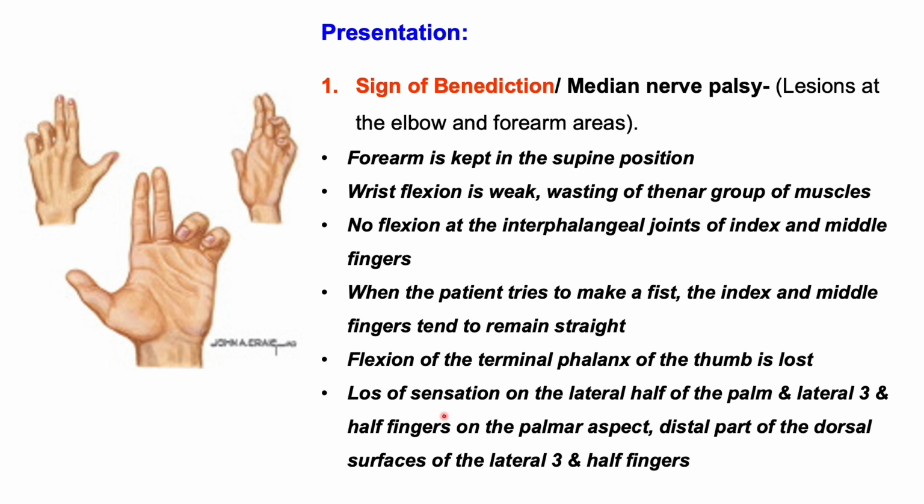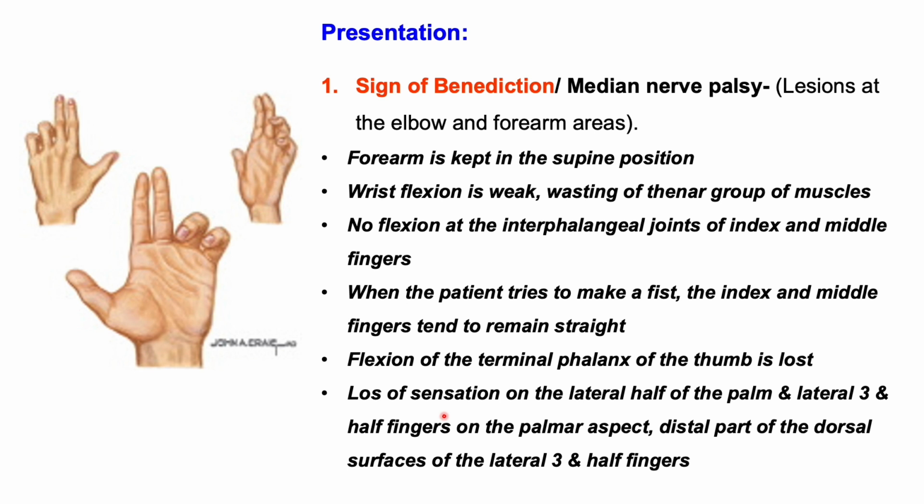Okay, so please remember, the anterior interosseous nerve gives muscular branches to flexor digitorum profundus, that is the lateral part. So what's the action of flexor digitorum profundus? Flexion at the distal interphalangeal joints. So that's why there will be loss of flexion at the distal interphalangeal joint of the index finger and the middle finger.